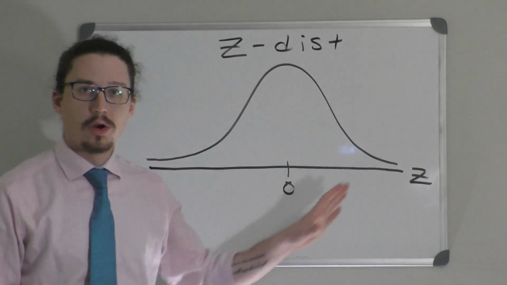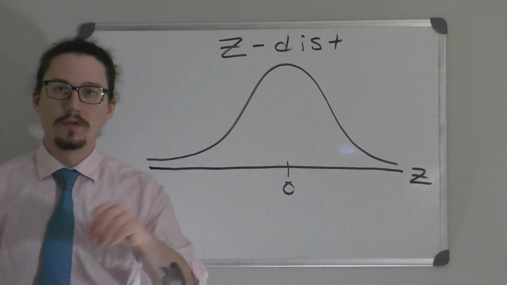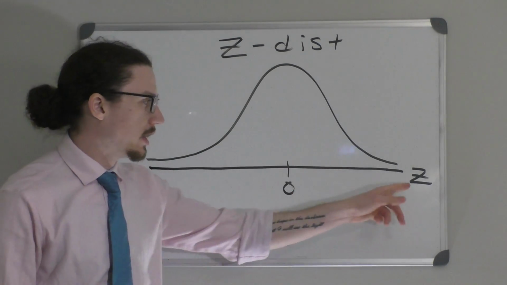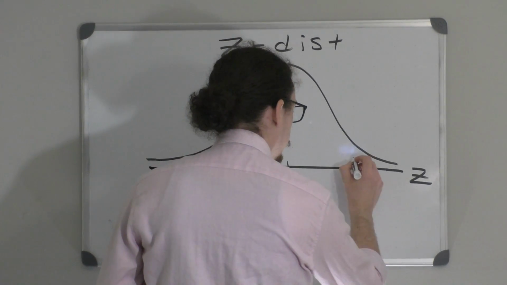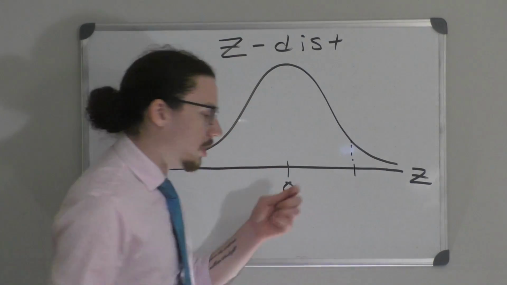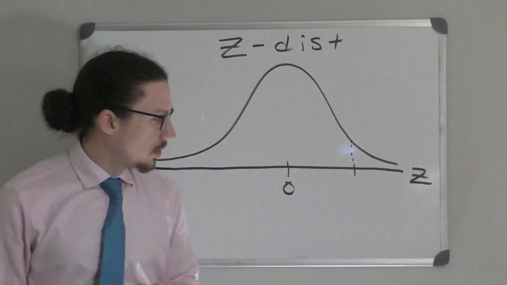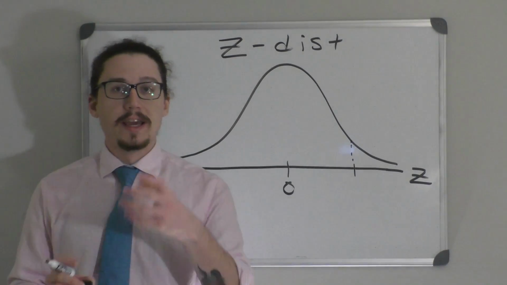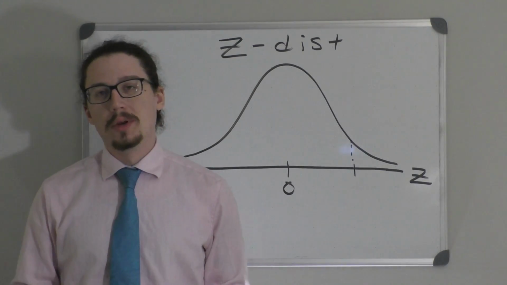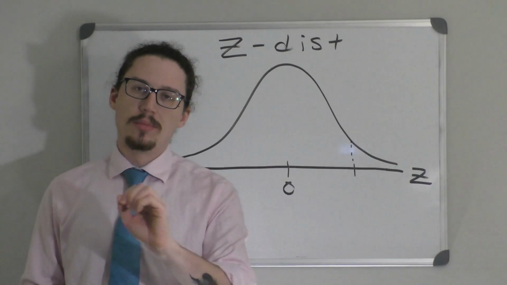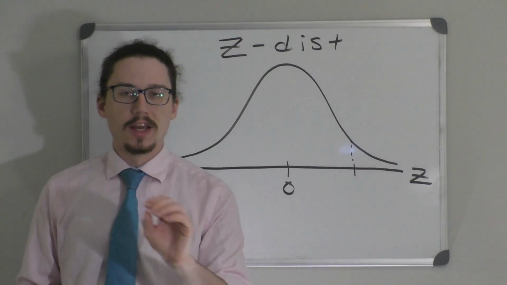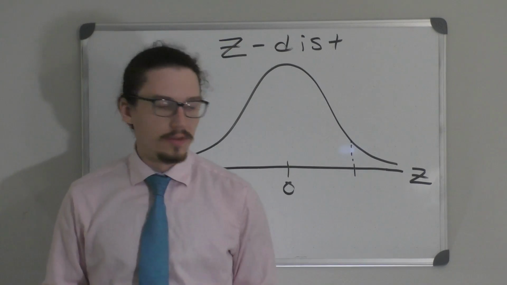Now that we're standardizing, we're no longer looking at the distribution for the sample mean. Instead, now we're looking at the Z distribution. So our upper boundary would be here, and if we don't recall, our standardization, or Z-score formula, for the sample mean is x bar minus mu, divided by the standard deviation divided by the square root of n.